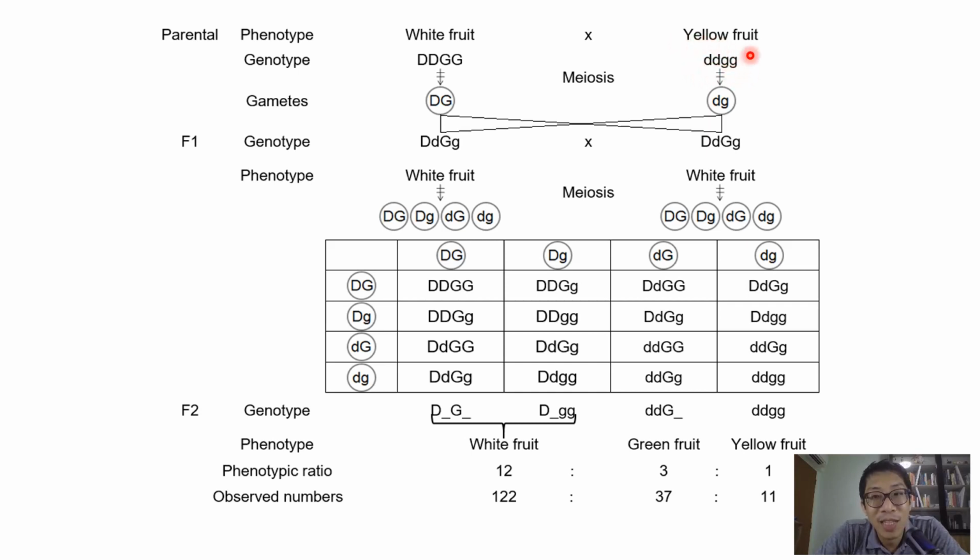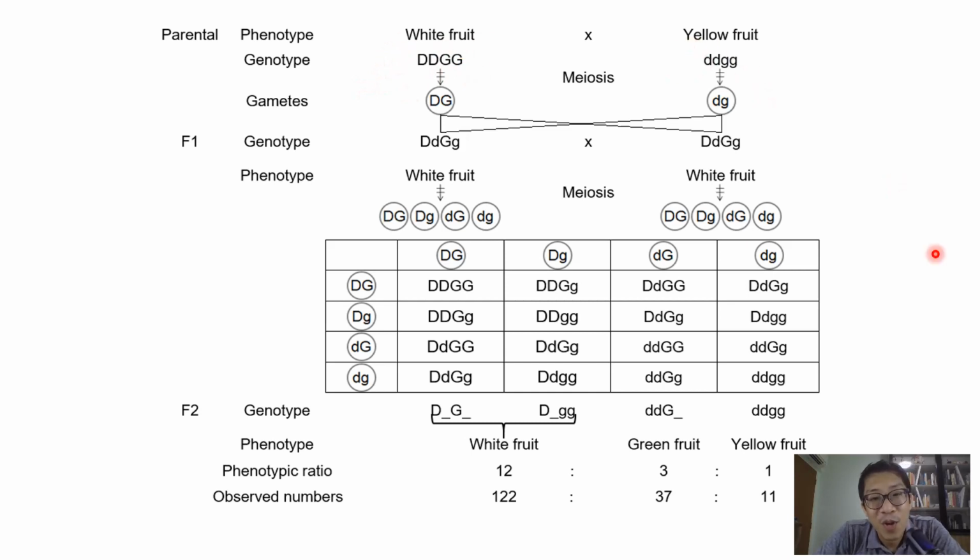So you know that this must be a double homozygous recessive. So in order to get F1 to be a double heterozygote, the other parent must be double homozygous dominant, which will give you white. So it follows the clues given in the question. So the answer to the question would be these two genotypes for the parents.